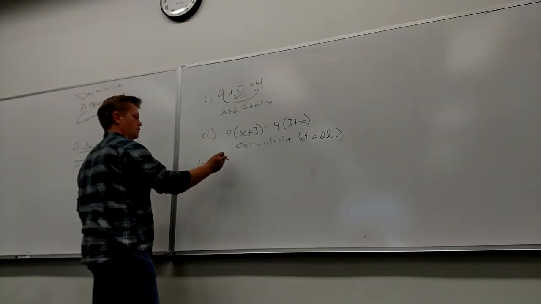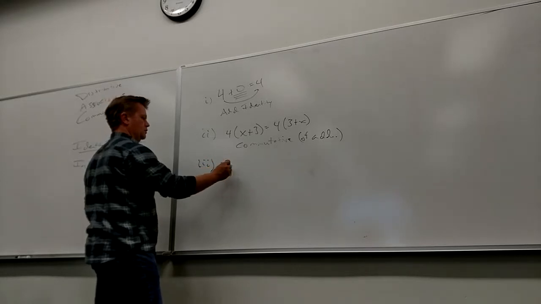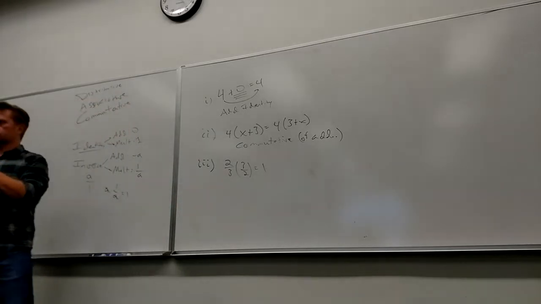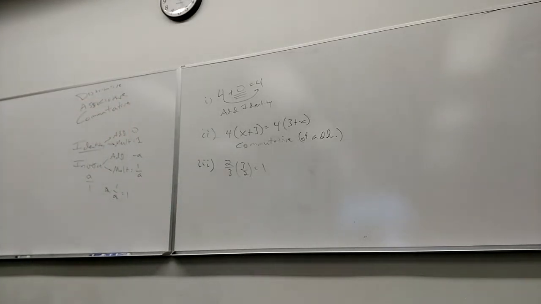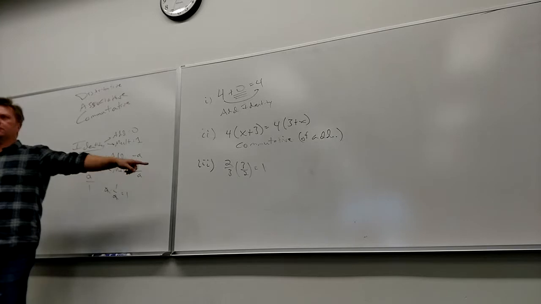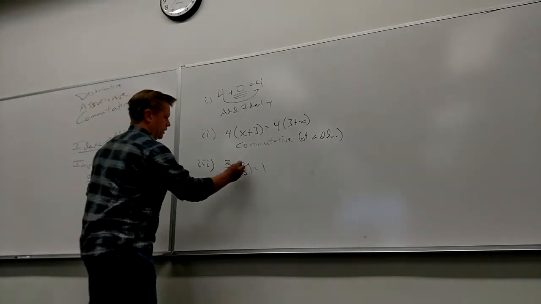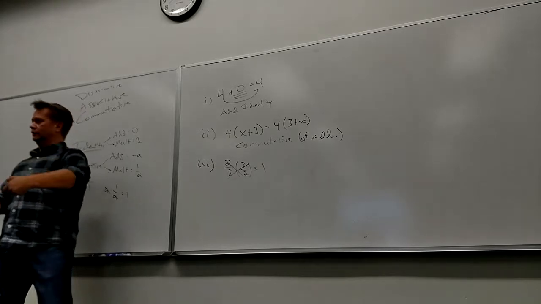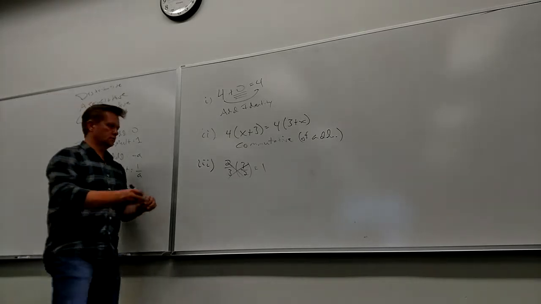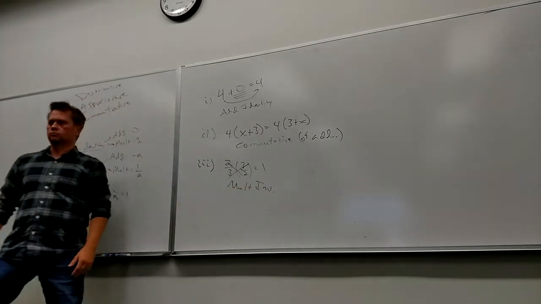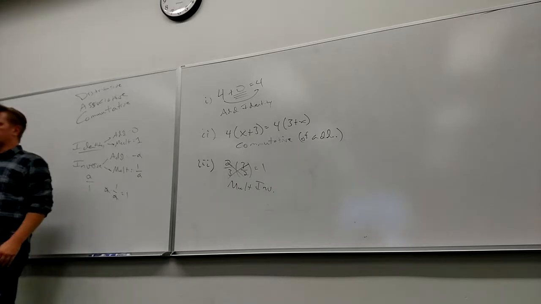What about 2/3 times 3/2 equals 1? What is that an example of? Yeah, multiplicative inverse. I multiply by something and made them cancel. Bam, bam. So then that's multiplicative inverse. It's the opposite multiplicatively. Cool. Okay. So those are the kind of problems you would see from me.